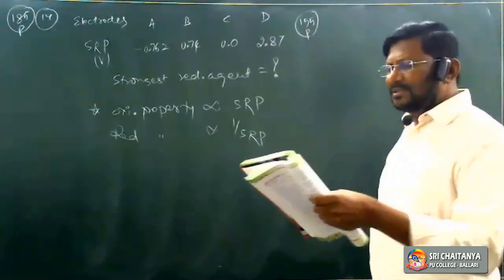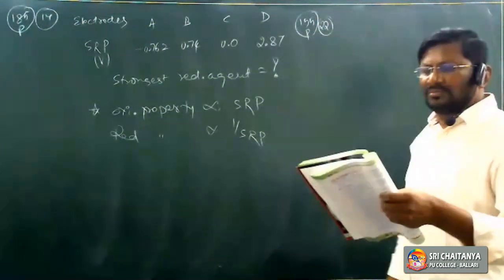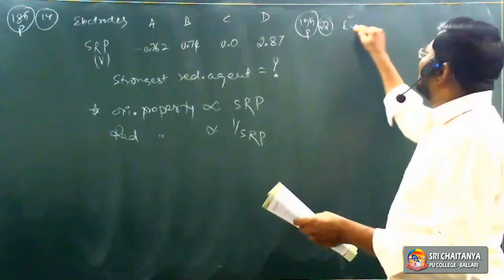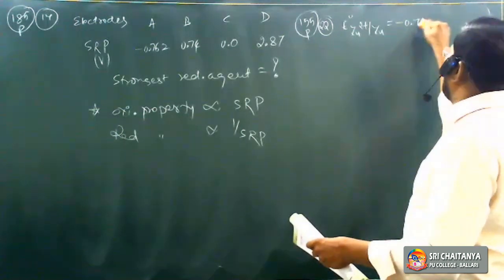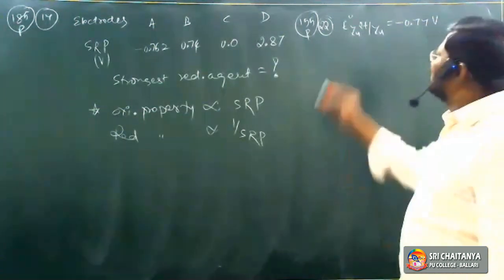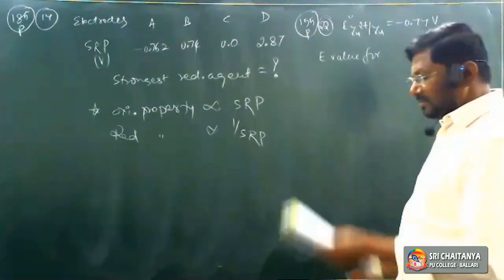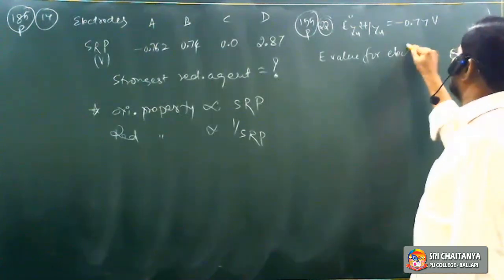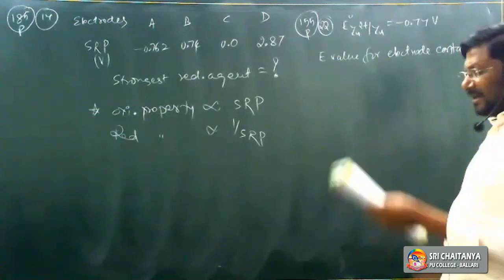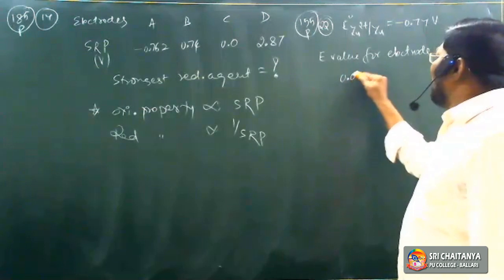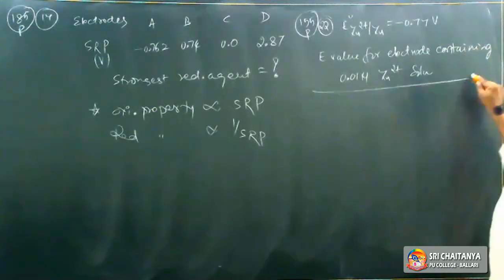There, the question is, question number 22: E naught of Zn2 plus by Zn is minus 0.77 volts. Then find the E value for the electrode containing 0.01 M Zn2 plus solution. So this is the question.